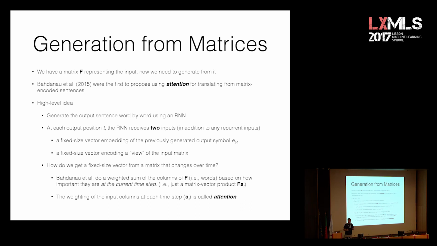We're going to generate the output sentence word by word using an RNN language model, just like we've always done. And at every output position t, we're going to receive 2 inputs rather than just 1. In addition to any recurrent inputs like the cell or the hidden state, we're going to get a fixed size embedding of the previously generated output symbol.